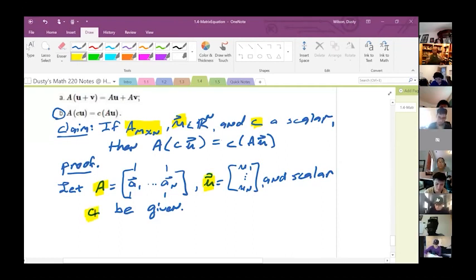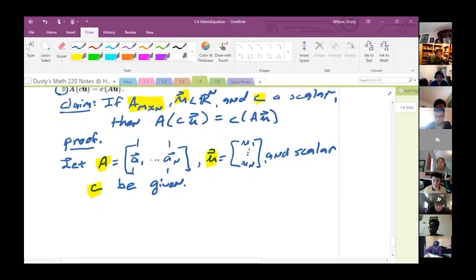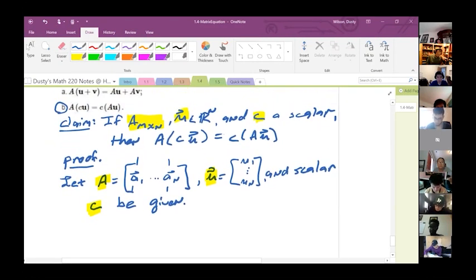Okay, so I have to tell you what they look like, what's the form of them. I think we're going to go a couple minutes long, but we should be able to finish this up pretty quickly. So then the claim is that A(cu) equals c(Au).